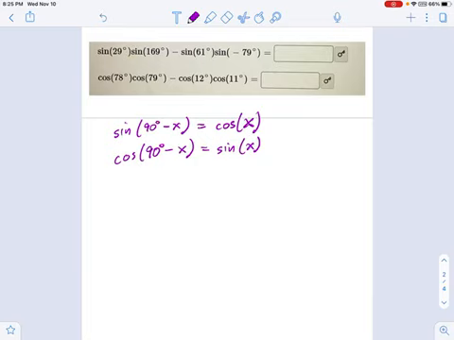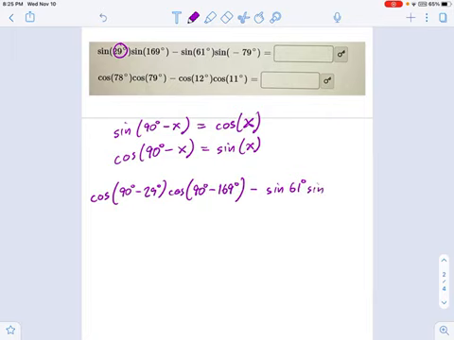And I think that one's even more useful, because if I say x is 29 degrees, that tells me this is cosine of 90 degrees minus 29 degrees times cosine of 90 degrees minus 169 degrees. Okay, that looks bad, but just hang on. And then we have the rest of the problem. Minus sine of 61 degrees, sine of negative 79 degrees, right there.